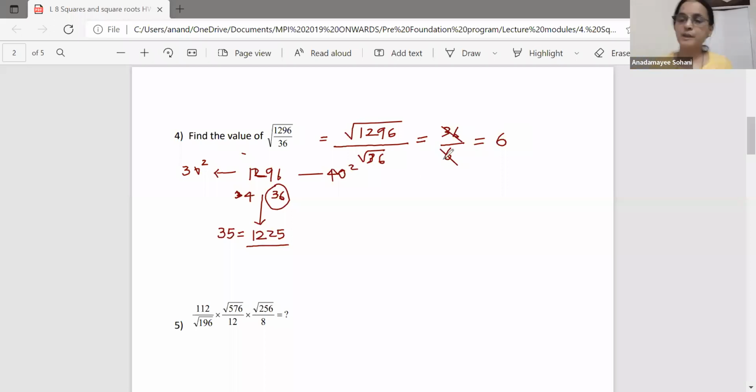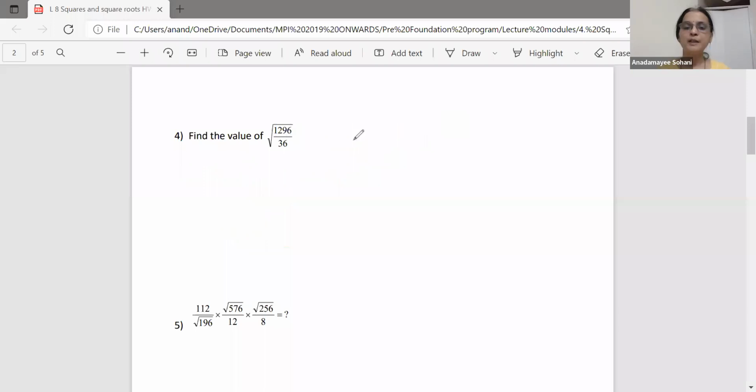Method 2, do this division first. Divide 1296 by 36. Let us see what we get. Okay. I can see that I can divide this by 6 because 6 2s are 12, 16 6s are 96. Very quickly I can compute that this is divisible by 6. So 6 6s are 36, 6 2s are 12, 6 1s are 6, and again 6 6s are 36.